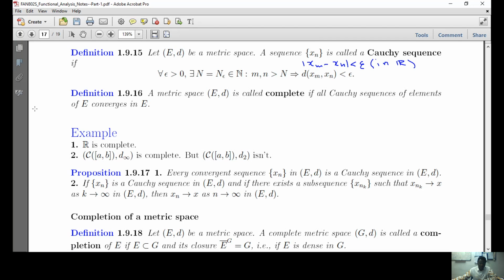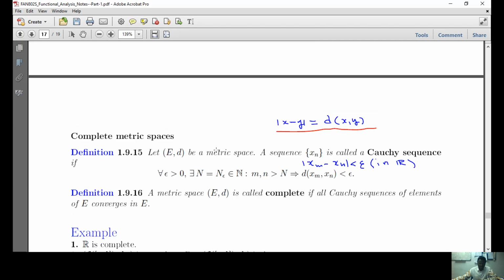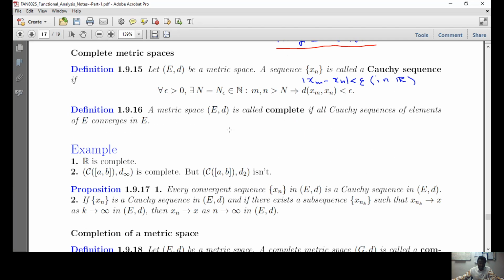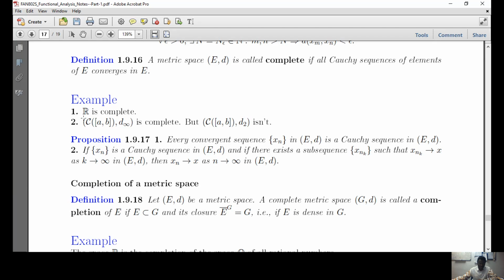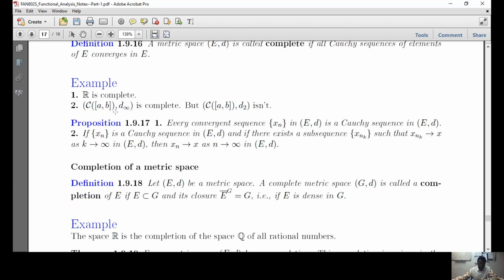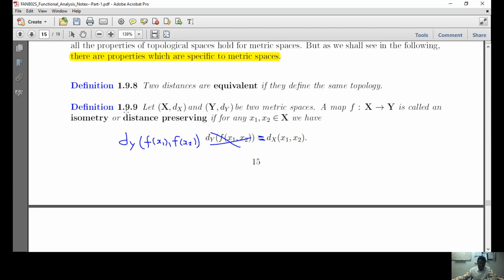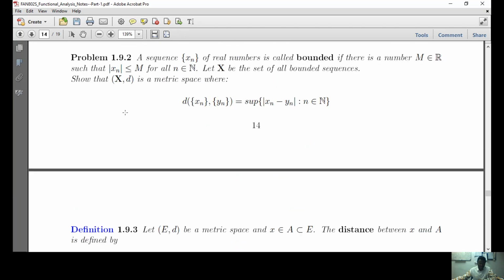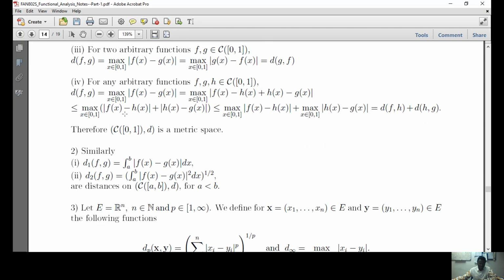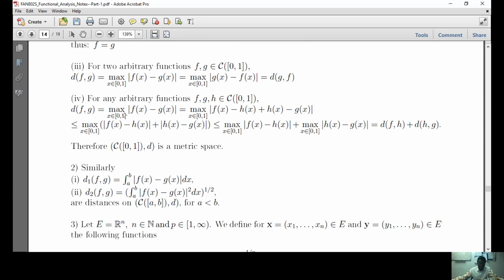Okay, so for the application of this concept of a complete metric space, we have the example of R. Also, C with D infinity. Among the examples, when we defined distance, we have D infinity somewhere here. D infinity is this one.